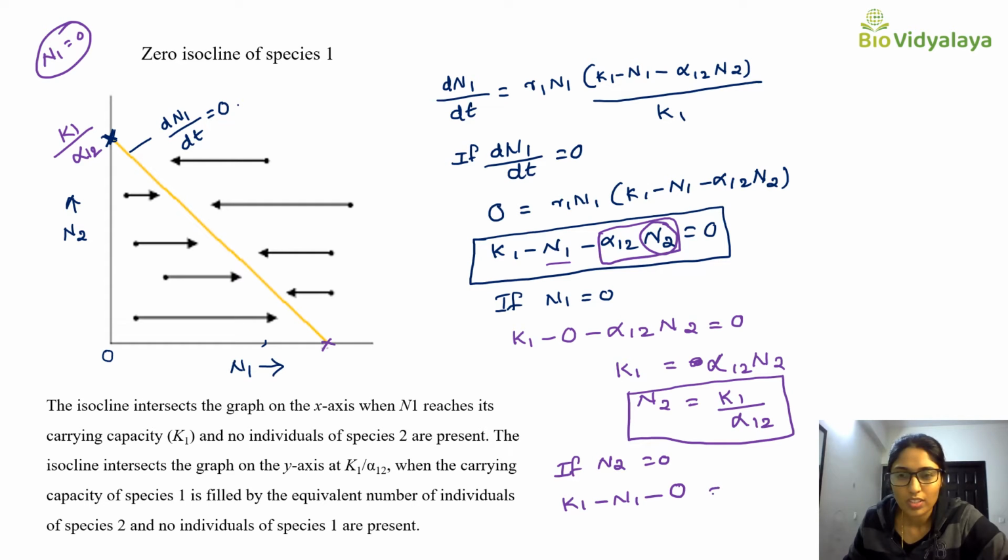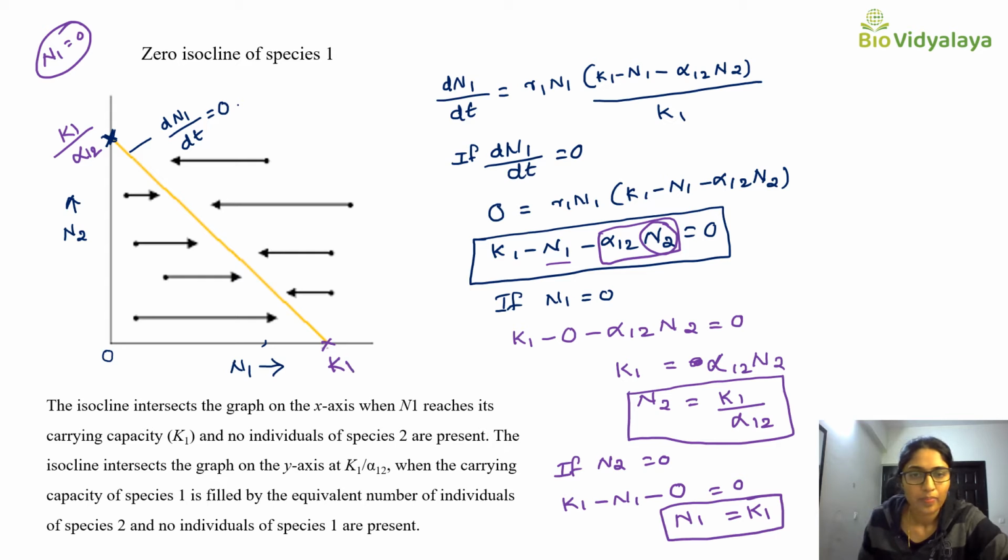So 0 is equal to 0. That means N1 is equal to K1, isn't it? So here this zero isocline is intersecting the x-axis at K1.